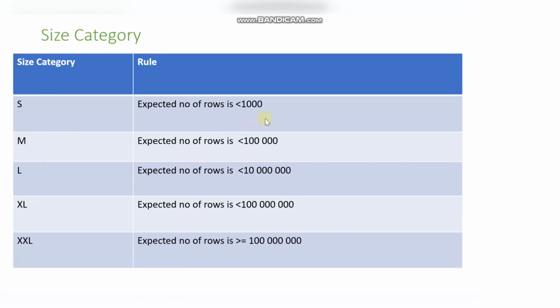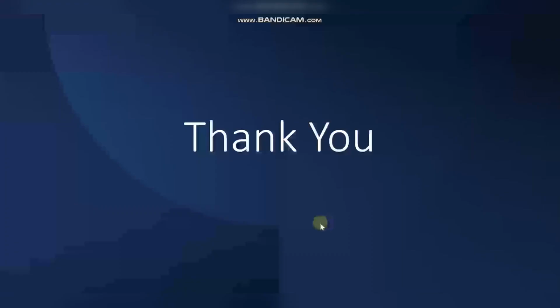So the number of rows which can be retrieved should be less than 1000, then 10,000, 1 lakh, 10 lakhs, 1 crore, and greater than or equal to some millions. So these are the values available for the size category annotation. And this is all about the service quality annotations.